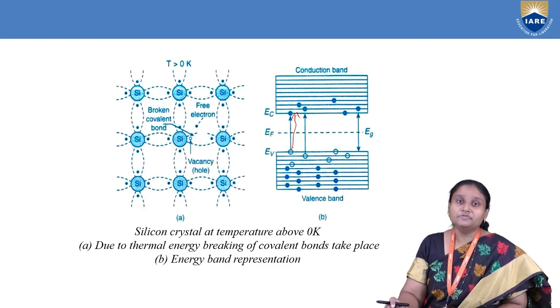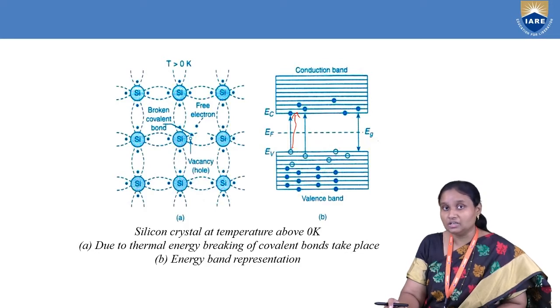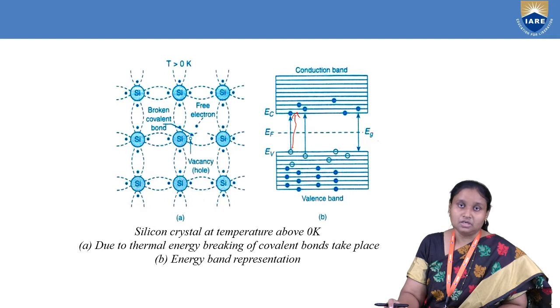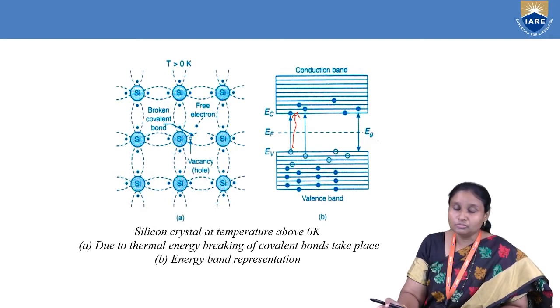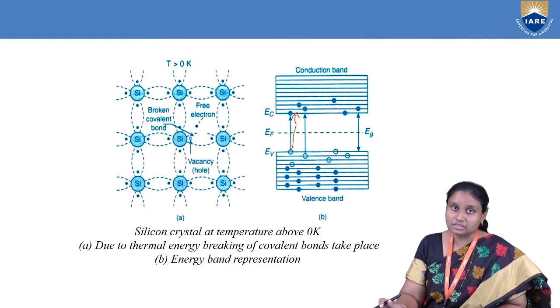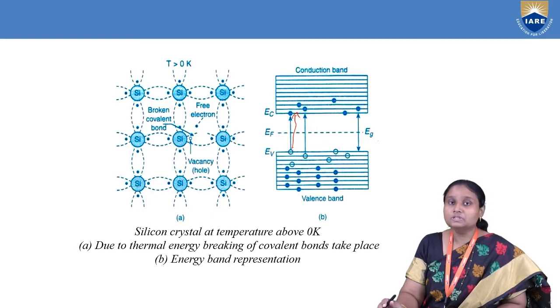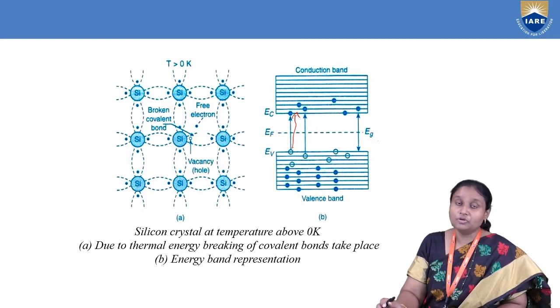How many charge carriers are present per unit volume of the material, or intrinsic semiconductor, is nothing but carrier concentration. So number of charge carriers present per unit volume in an intrinsic semiconductor is nothing but carrier concentration.